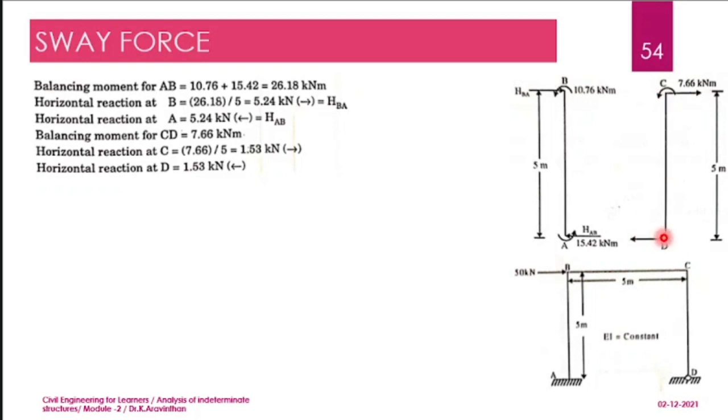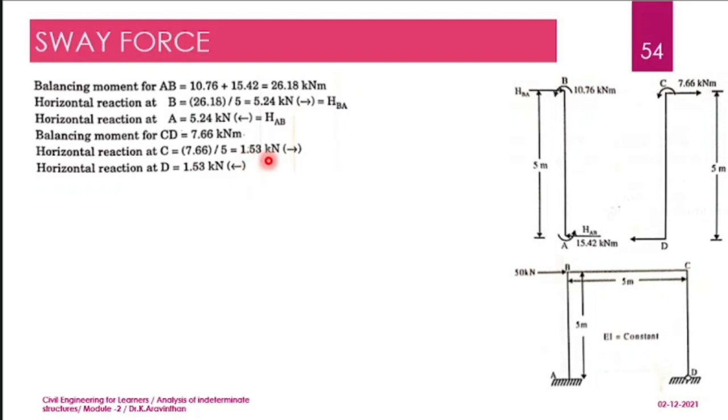If you need HD, take moment at C. While taking the moment at C, HD into 5 minus 7.66 equal to 0. So what will be your answer? 7.66 divided by 5, that is 1.53.